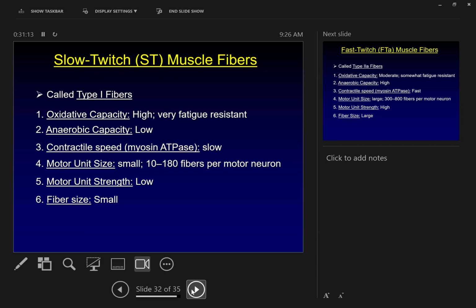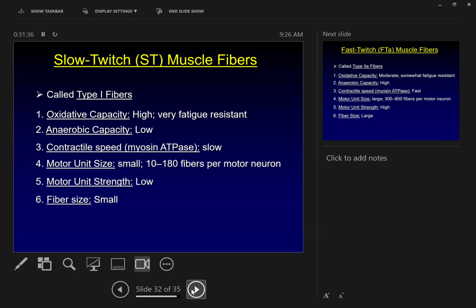The only little piece at the end, which will make more sense once we get into the neuromuscular side of things, is something called a motor unit, or motor unit size. A motor unit is one motor neuron that's in your spinal cord and all of the muscle fibers that are connected to that one motor neuron.